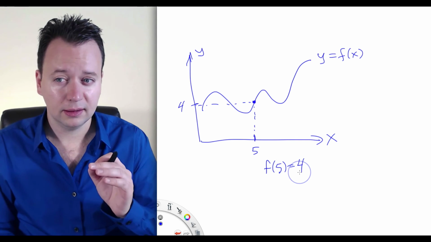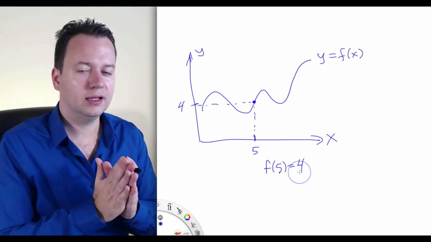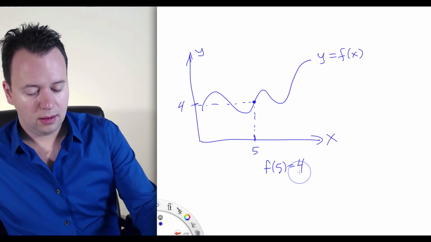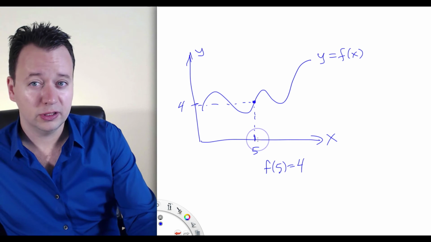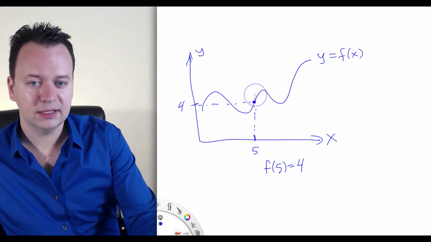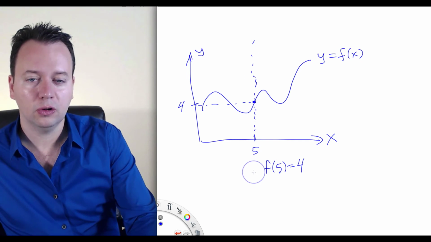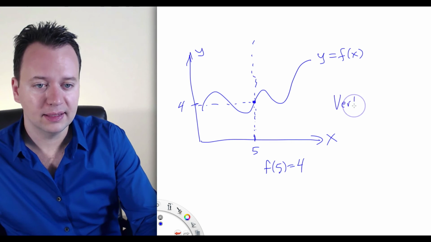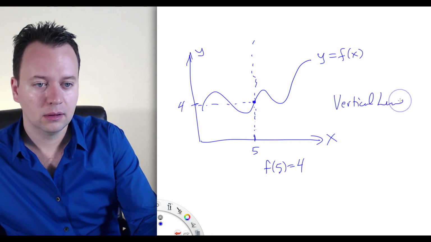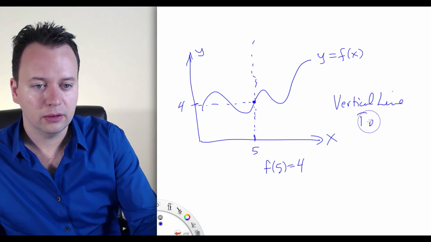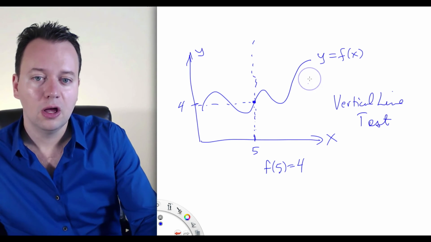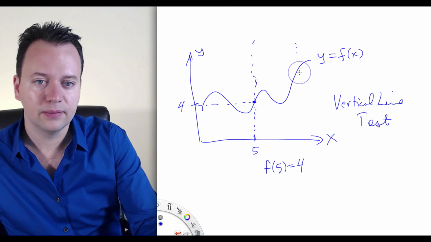Now, because a function associates a unique output to each of its inputs, whenever you have an input, which is an x value, you can only have a single output, which means the graph can only intersect this vertical line at one exact position. And that is called the vertical line test. So if you have a graph or a curve on a plane and you want to know whether or not it's a function, you can think about vertical lines.